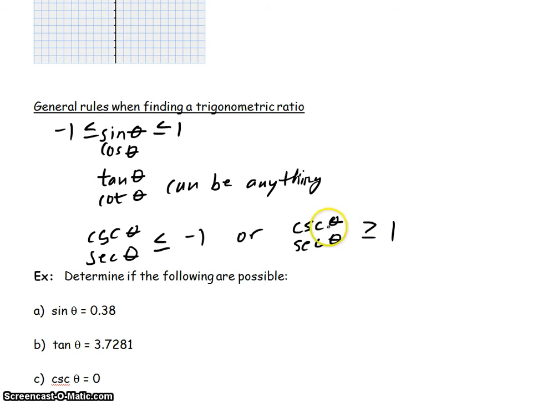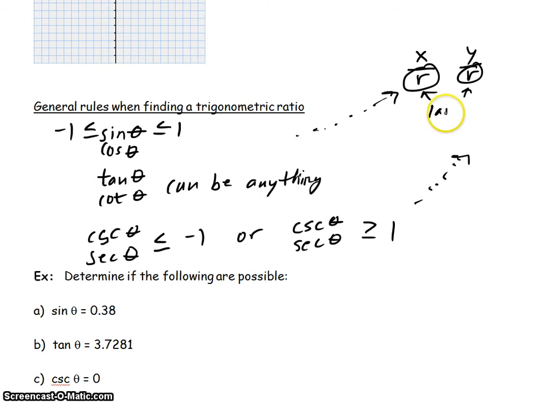And it has to deal with how these ratios use the r, or the hypotenuse, because sine and cosine have x over r and y over r. And between these things, we have to analyze and look at, this is always the largest of the three pieces.